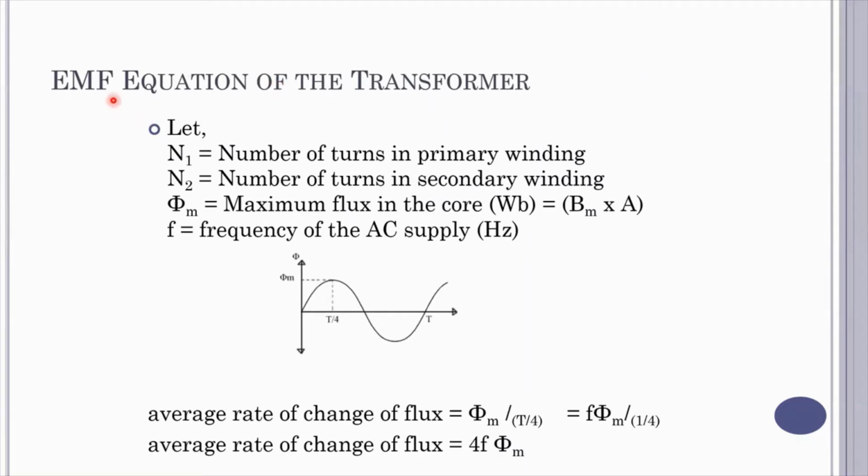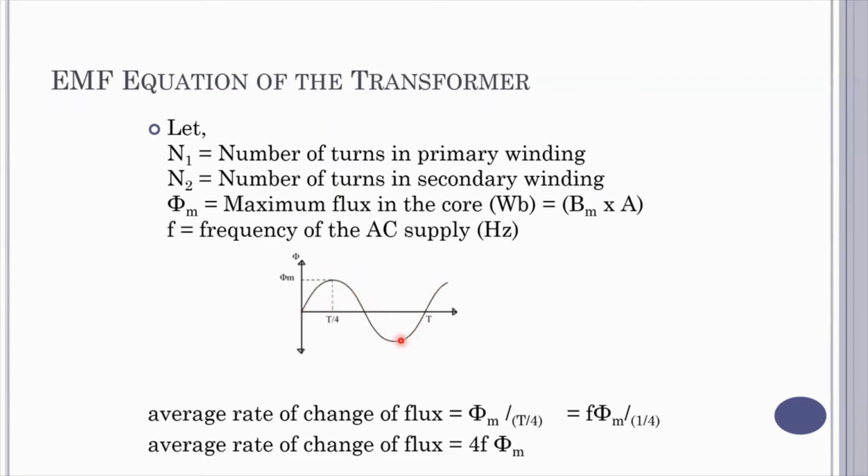And now let me explain the EMF equation of a transformer. So let us consider that there are N1 number of turns in the primary winding, N2 number of turns in the secondary winding, and let phi m be the maximum flux that is generated by the core. The flux generated because of the alternating current is also alternating.